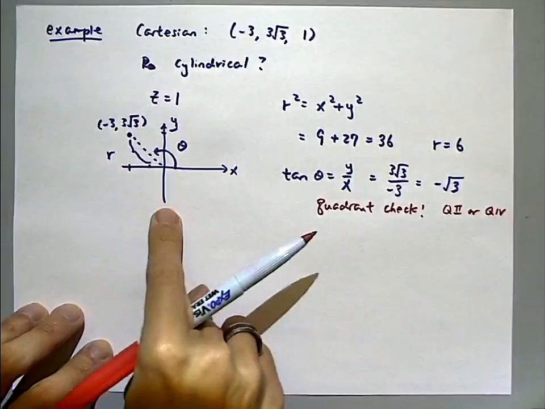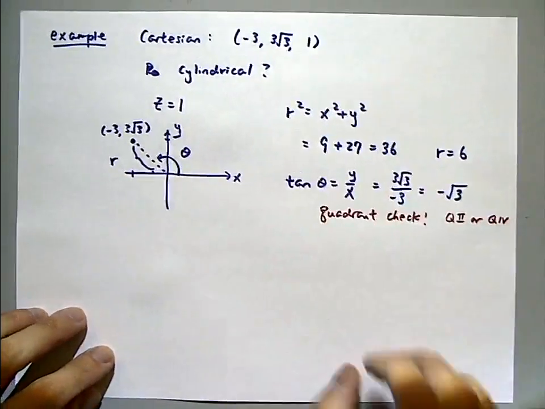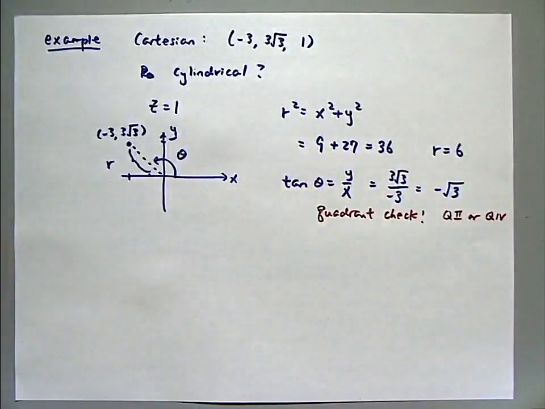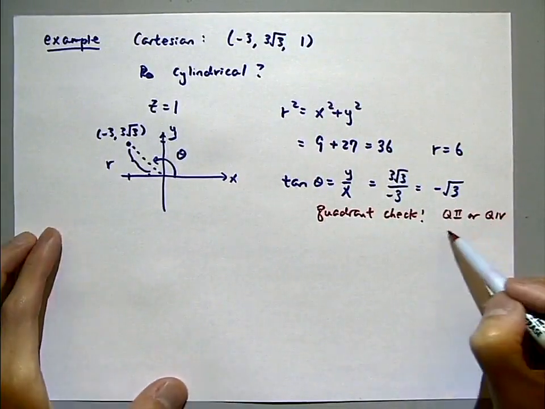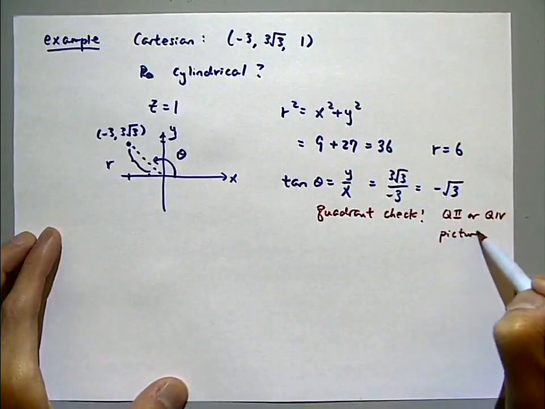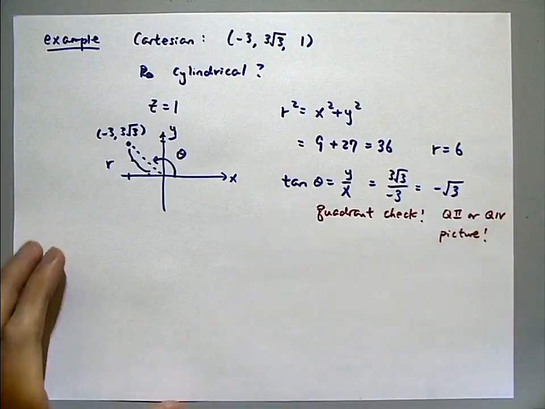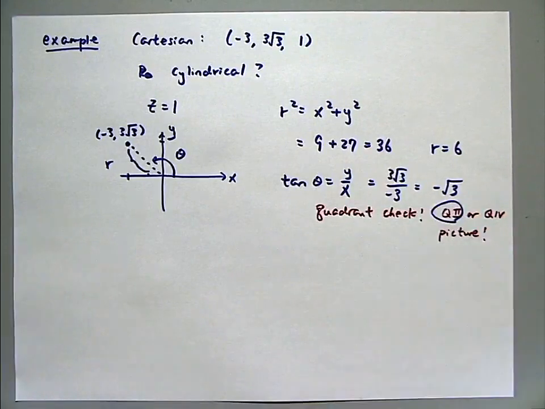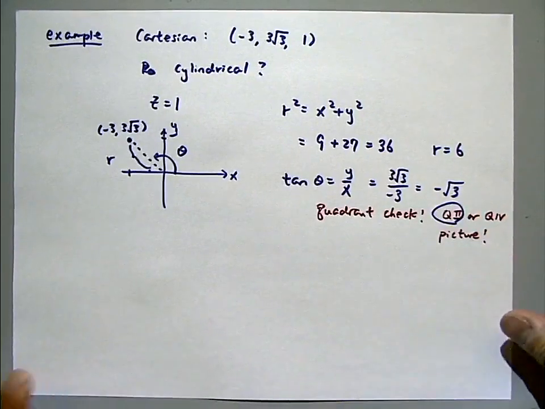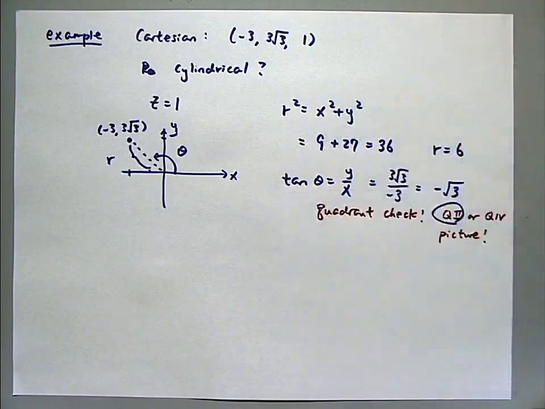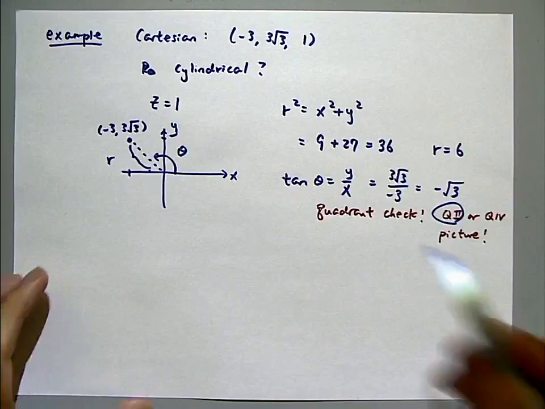But if you have the picture of the point, then it's very clear which one it is. So use the picture to help you decide. In this case, it's a quadrant 2 angle that we're looking for. Be very careful that when you do an inverse tangent, you're going to get two answers, and there's only one right answer. They can't both be right.